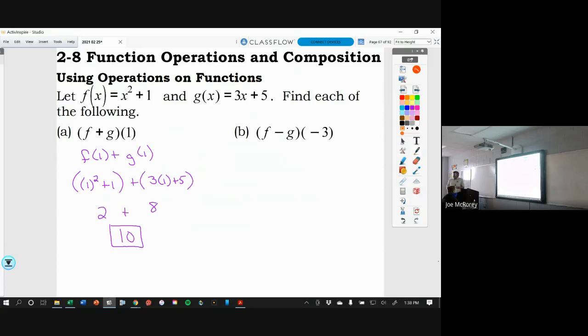If I was doing a whole bunch of problems, let's say that I had to do f plus g of 1, f plus g of 8, f plus g of negative 6, a bunch of them, what I would probably do is find out what f plus g of x was first and then plug it into that.